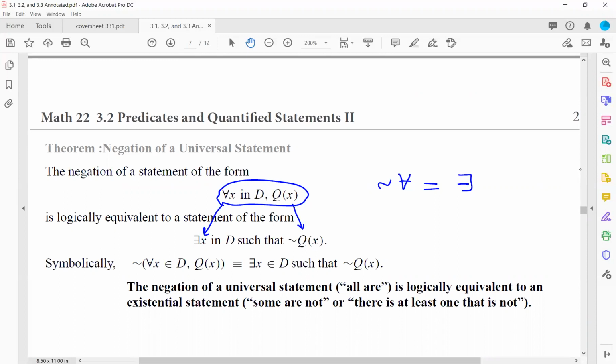So you're negating two things, the negation of the quantifier and the negation of the statement. Symbolically, we can write the negation of for any is there exists, and the negation of Qx is not Qx.